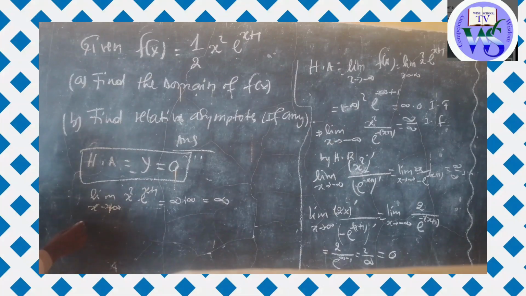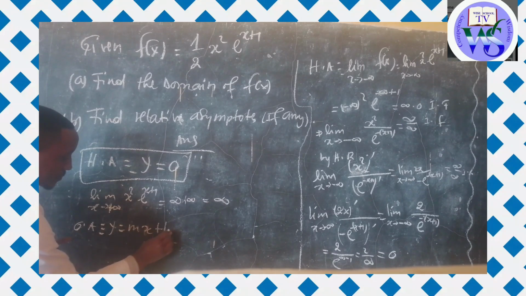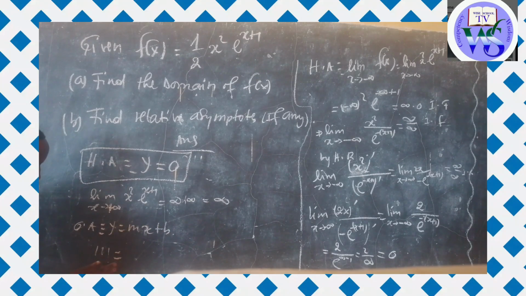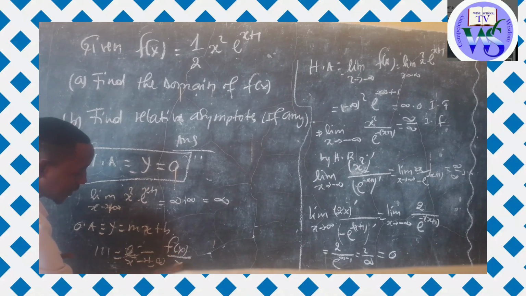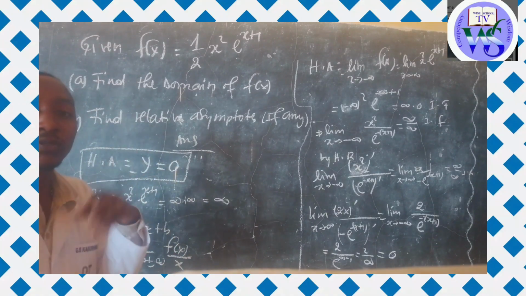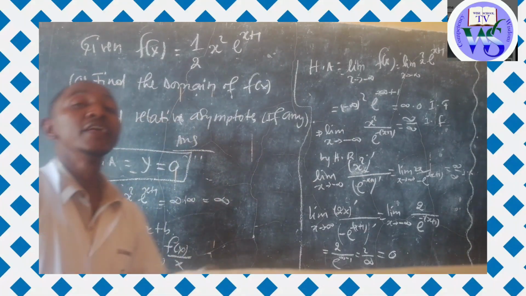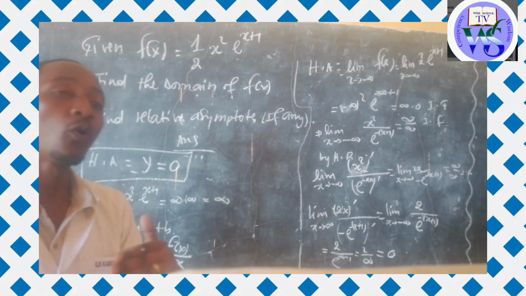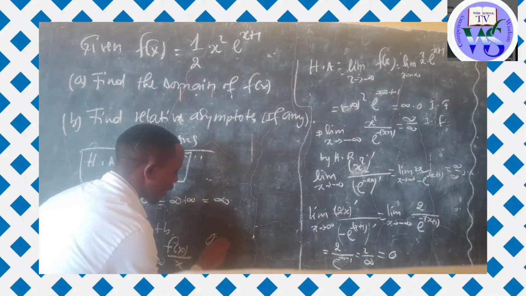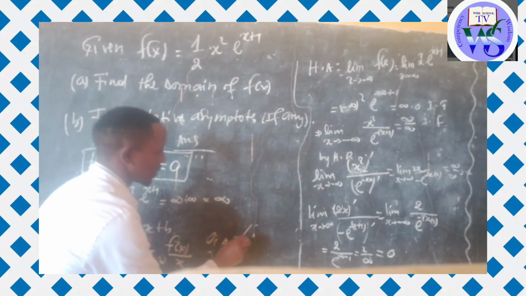The oblique asymptote is y equal to mx plus b, where m is the limit of x tends to plus or minus infinity of f of x over x. When the horizontal asymptote has a certain number, there is no oblique asymptote. So the oblique asymptote also does not exist.